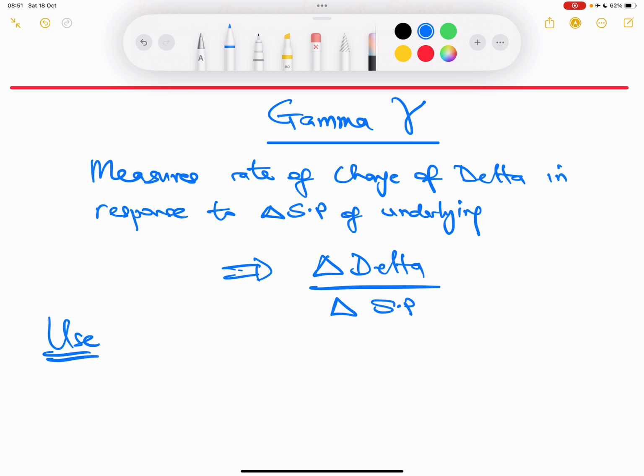And in summary, what we're saying is that this will tell us how easy risk management will be for our portfolio. So this measures how easy, that is how frequent or infrequent, we need to do rebalancing.